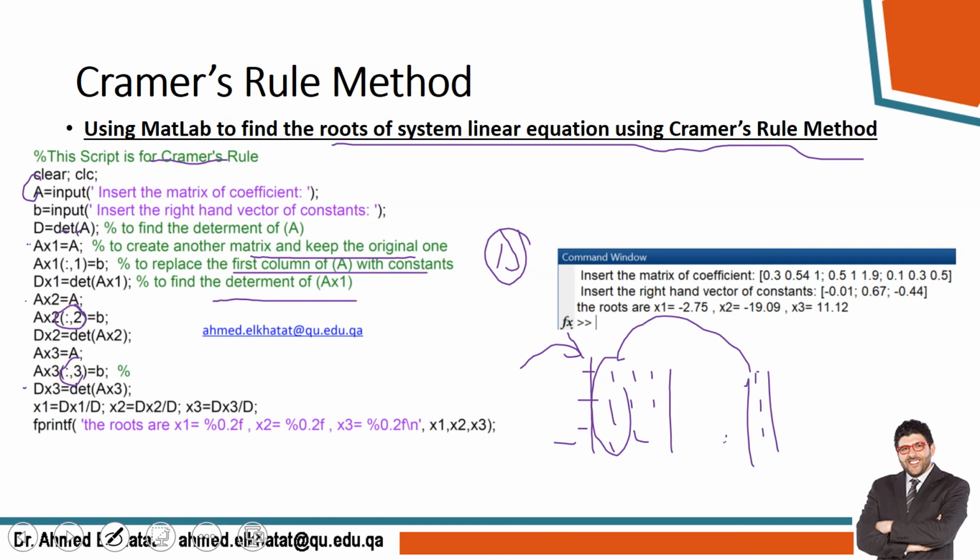Then x1 equals Dx1 over D; x2 equals Dx2 over D; and x3 equals Dx3 over D. Then fprintf, parentheses, the roots are x1 equals, and put a value here, x2 equals, put a value here, x3 equals, then put x1, x2, and x3.